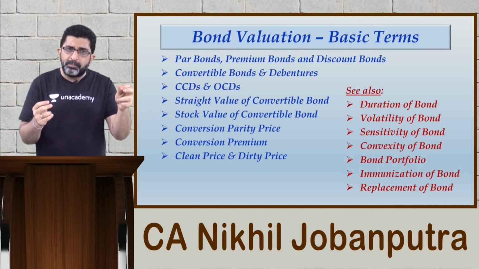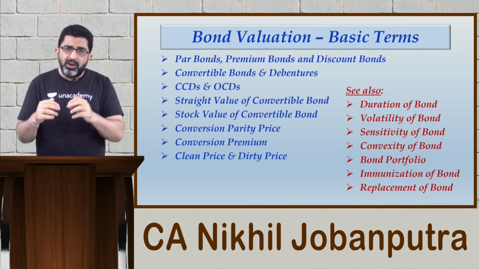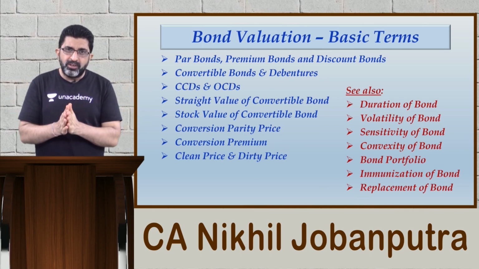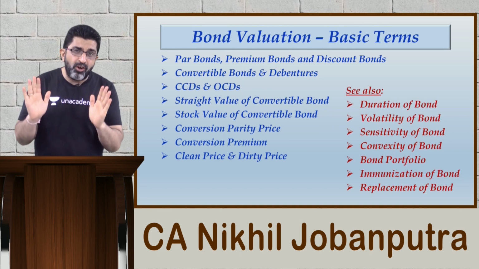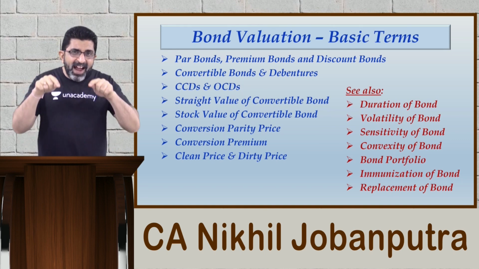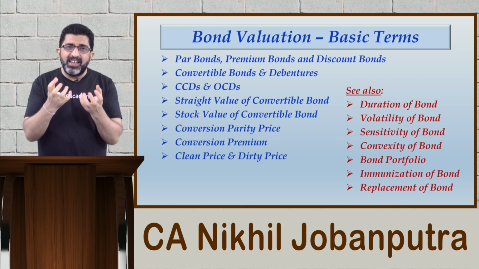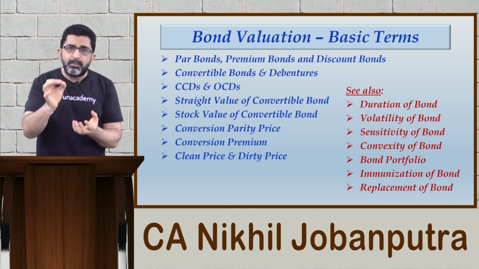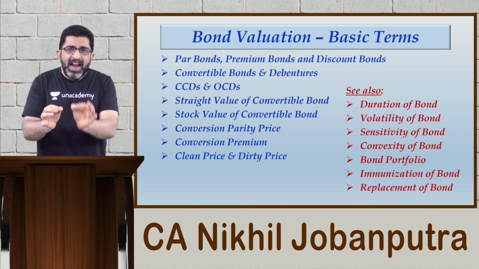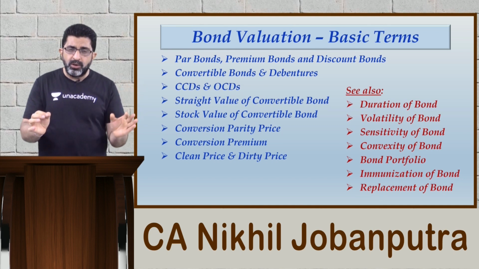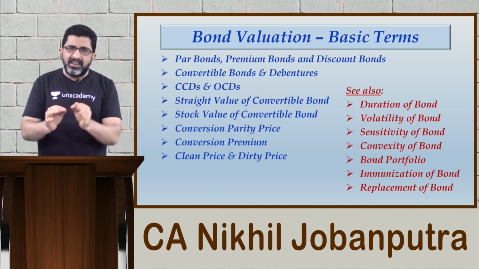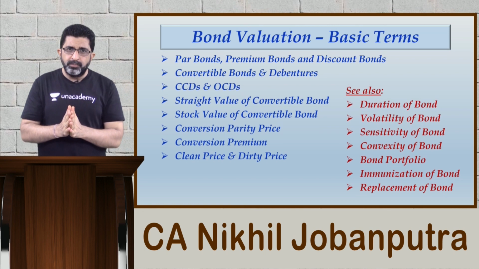When the bond is issued at premium, it is a premium bond. When the bond is issued at discount, it is a discount bond. It is not wrong, but that kind of understanding is restricted to only one point of time, that is at the time of issue of the bond.